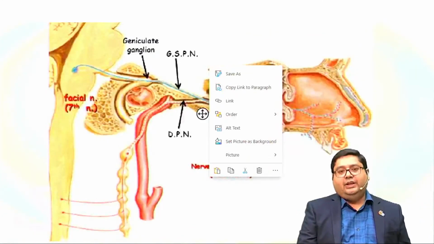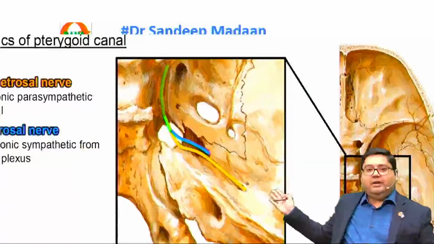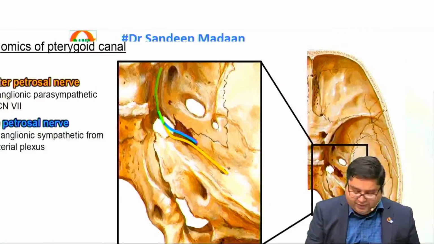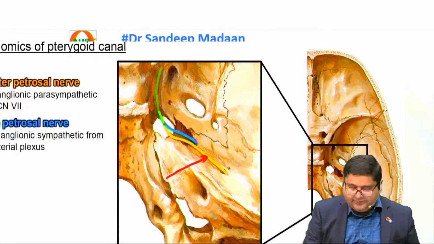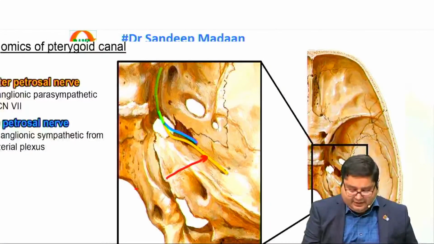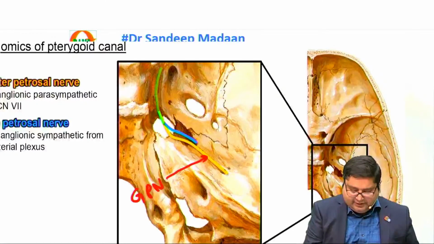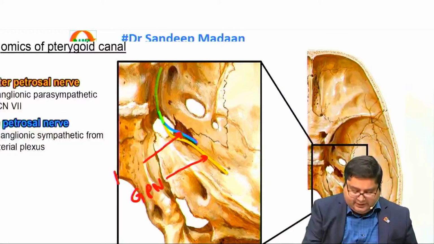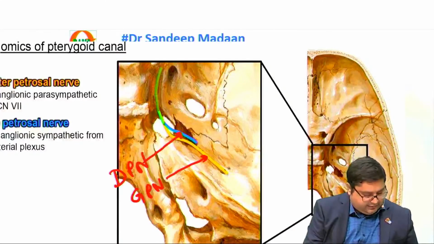Now if you see from this view, you can see from above, this is the petrous bone. Above the petrous bone, if you can identify now with me, what is this yellow nerve? This is greater petrosal nerve. What is this blue nerve? Deep to the petrous bone, it is deep petrosal nerve. And what is this green nerve over here? The green nerve over here is Vidian nerve, or the nerve of pterygoid canal, Vidian nerve.